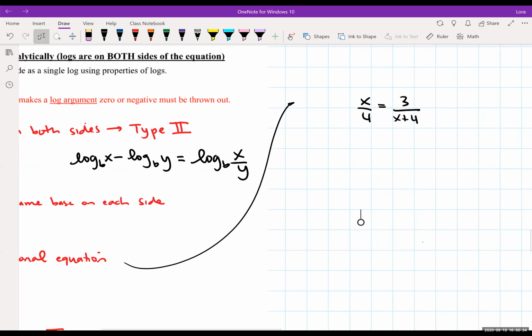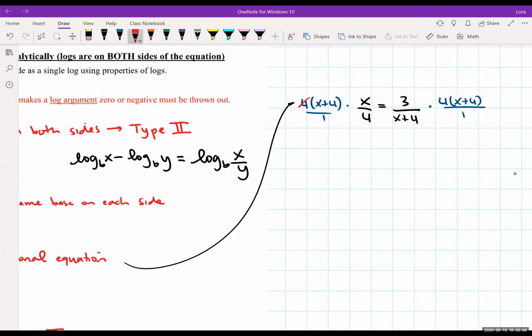With this rational equation, I'll multiply both sides by the LCD, and the LCD happens to be 4 times x plus 4. Technically both sides are over 1. What this allows us to do is divide out any common factors.